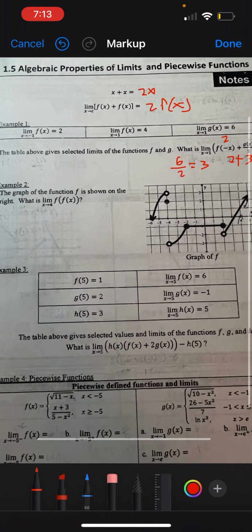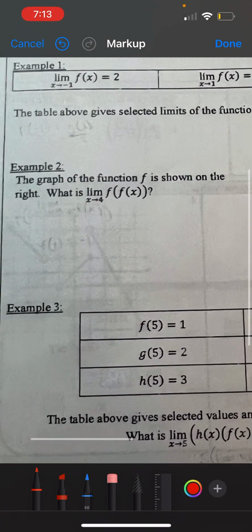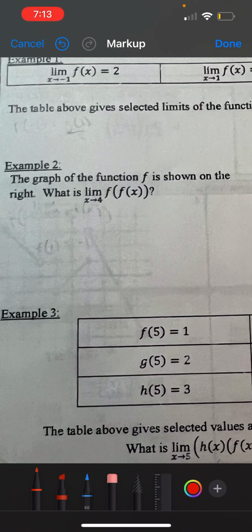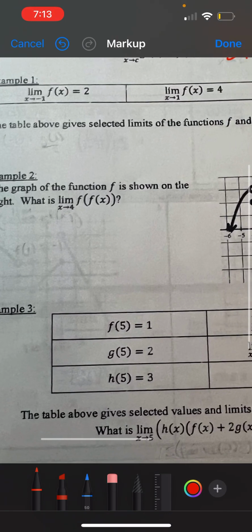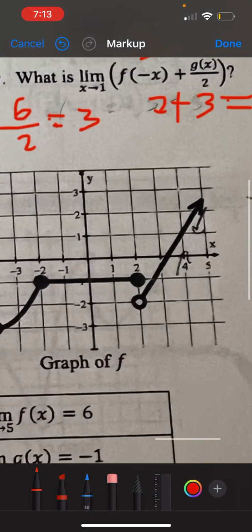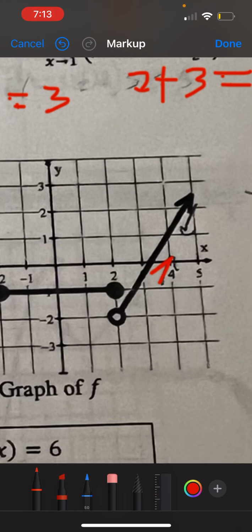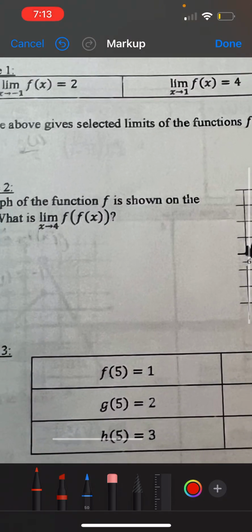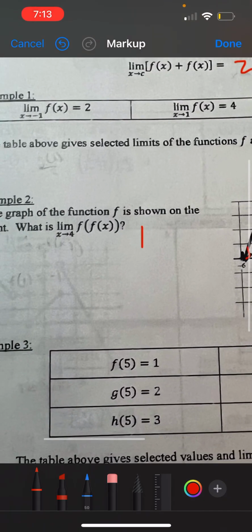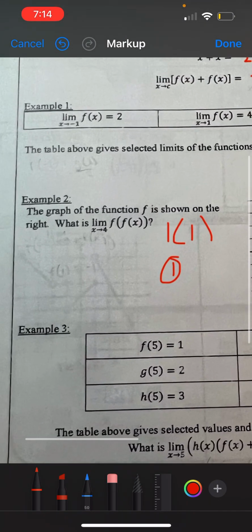And then this one we can do, so from right here, limit as x approaches 4, so as it approaches 4 from the left and 4 from the right, it is equal to 1. So we would put f of 1.